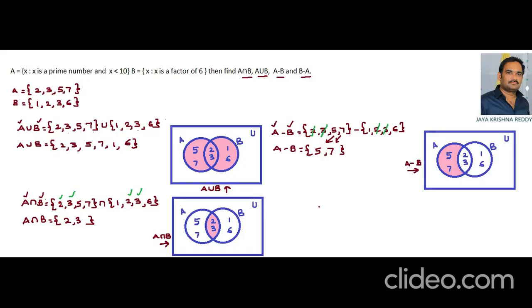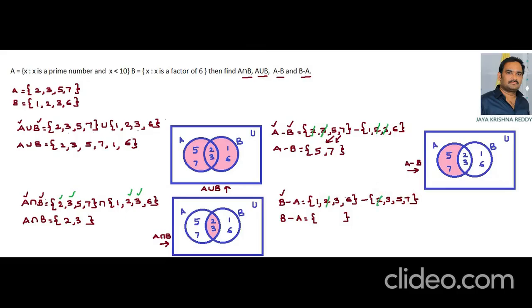In the same way, we have to find B minus A. Here we have set B at first. So we have to write the elements of set B: 1, 2, 3, 6, minus set A. Set A means 2, 3, 5, 7. So to find B minus A, first of all, we have to cancel the common elements from both the sets.